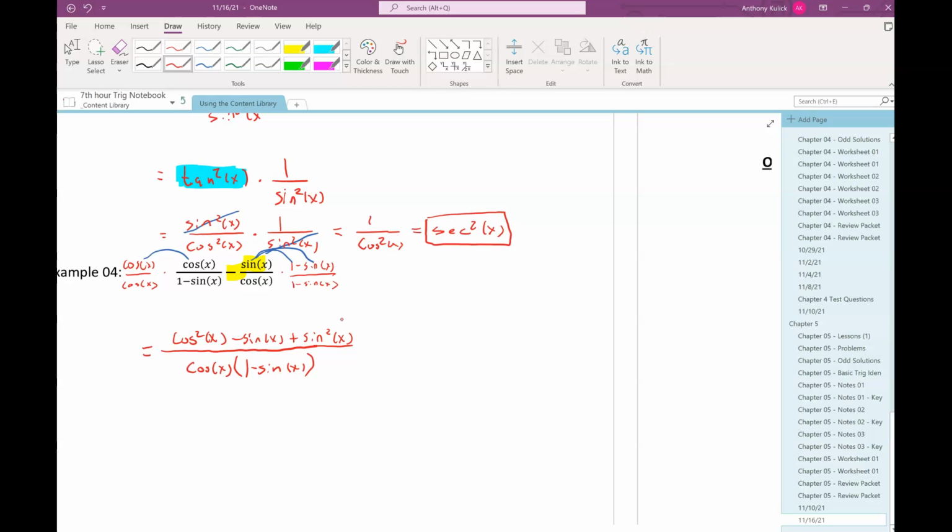We can't reduce part of an addition or subtraction problem. You have to reduce an entire factor or nothing at all, right? So there's no more algebraic things to do. There's nothing to combine. There's nothing to reduce. This is all we can do algebraically. So then we go to the identities. Take a look at your identity sheet, see if there's anything that jumps out.